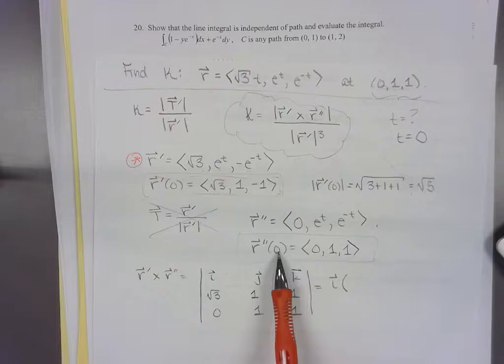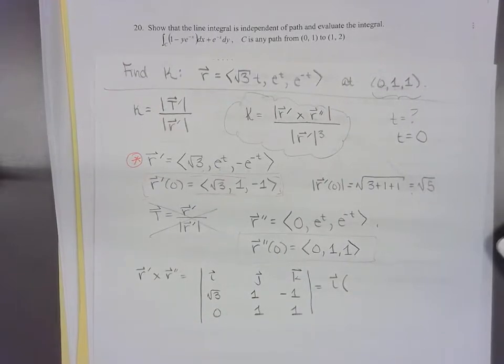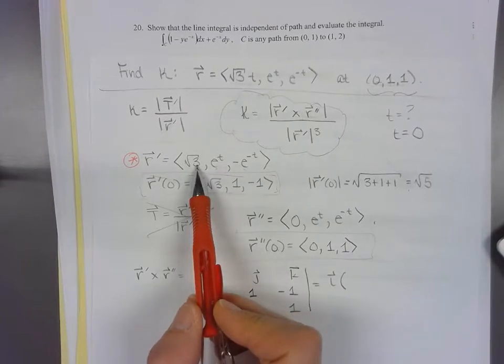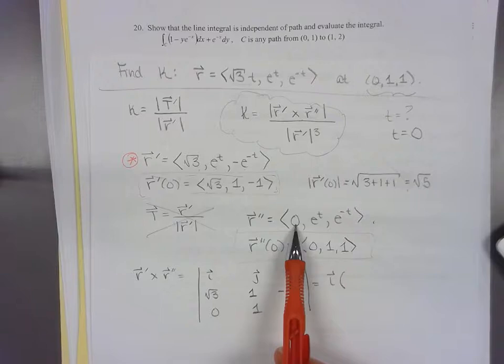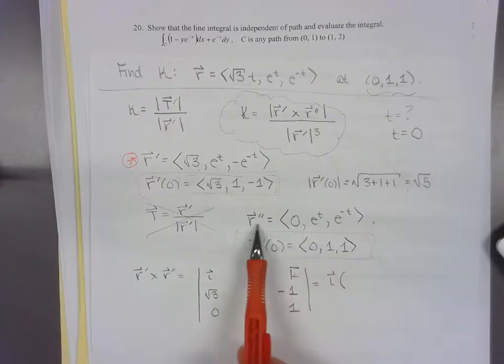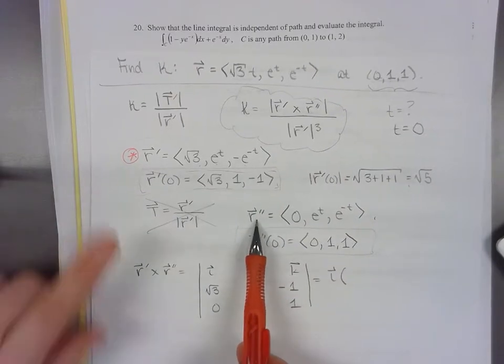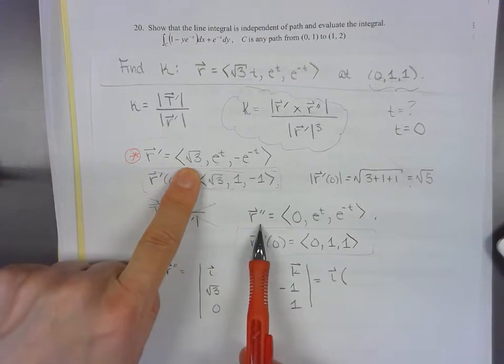Because how come when you took the derivative, it wasn't 0 for the first one, but now it's 0? Well, the derivative of square root of 3, that's a constant, right? So its derivative is 0. The second one, it's our double prime. We're taking the derivative of the derivative.